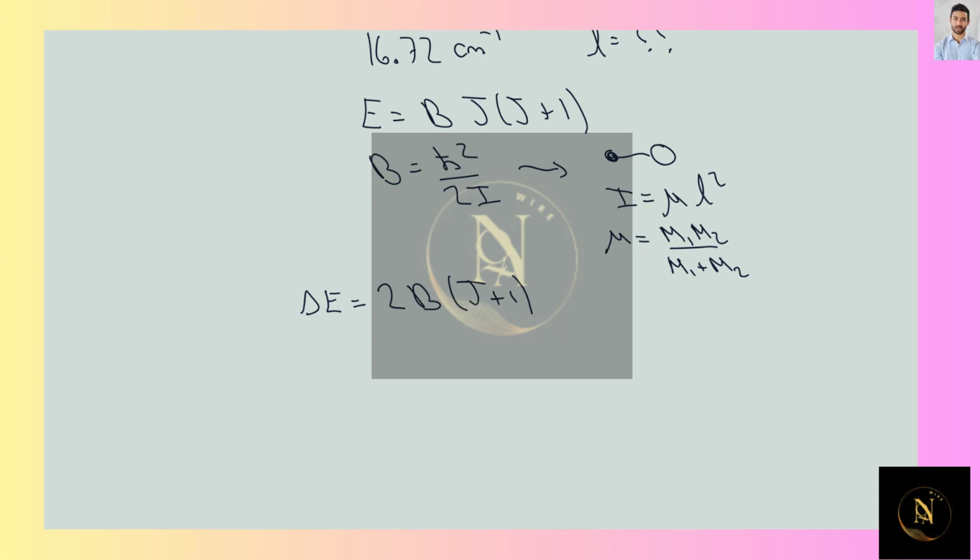If we divide this expression by h times c, remember that energy is equal to h times nu, and if we divide by h times c, the h's are going to cancel out. Frequency has units of centimeters to the minus 1, so our final units are going to be wave numbers.